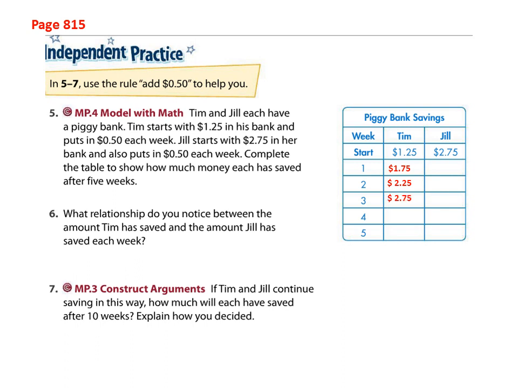Plus 0.50, it will be 2.75, and $0.50 more, it will be 3.25. 3.25 add 0.50 or 50/100, it will be 3.75. Go to Jill now and do the same, only add 5/10 or 50/100.